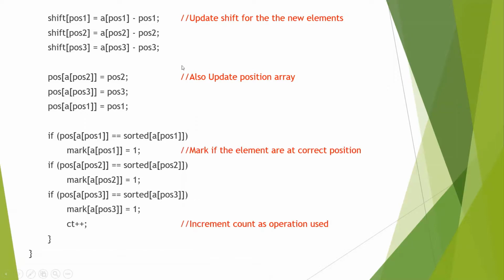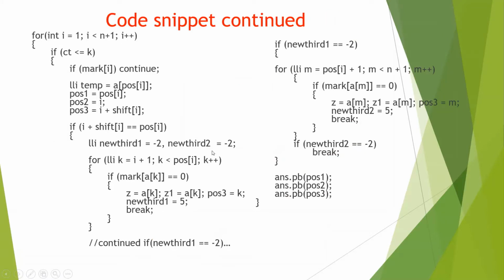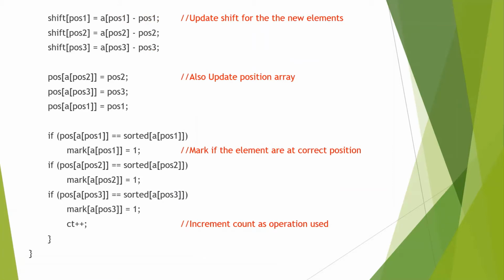We update the position of the array and now we check if the position and the new position are matching. We mark it as 1 since the element is at its correct position. Increment count as the operation has been used.